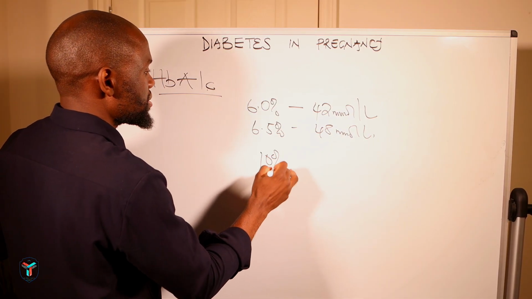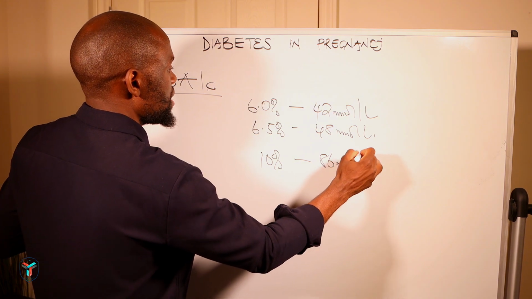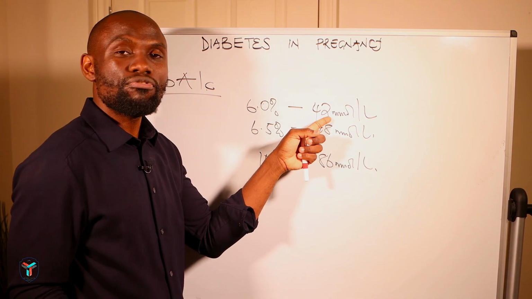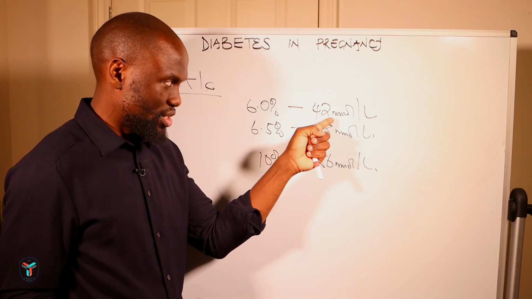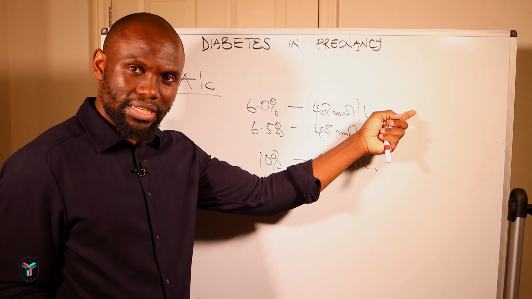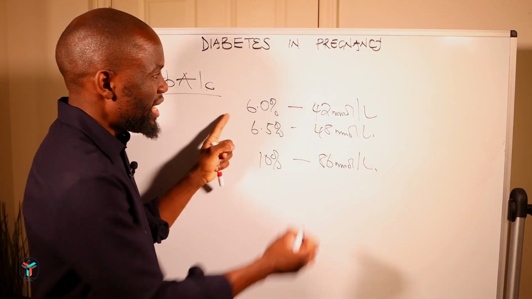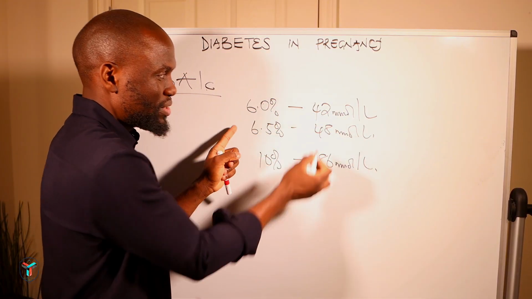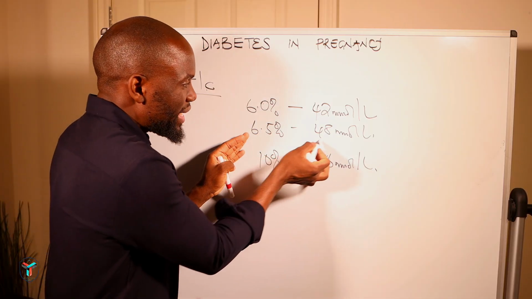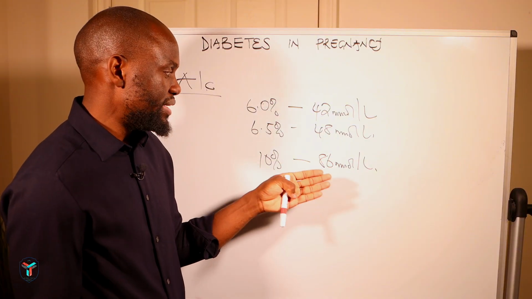And then you have about 10%, which is 86 millimoles per liter. So your target now is to get to below 42. When you are below 42, it means that this woman is not diabetic. Anywhere between 42 and 47 means you are pre-diabetic. When you get above 48, you're already in a state of diabetes.